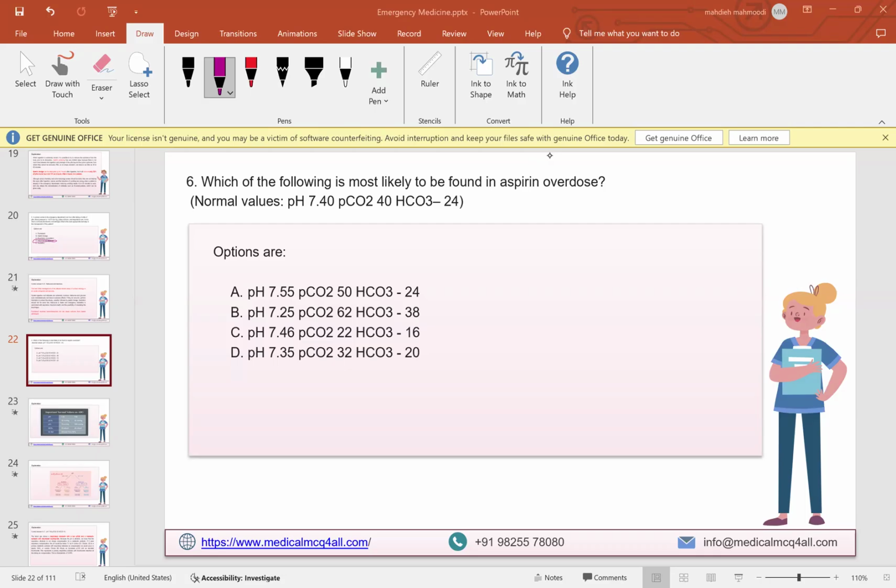This is your chance to test yourself. Which of the following is the most likely to be found in aspirin overdose?